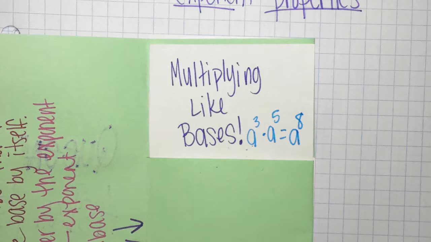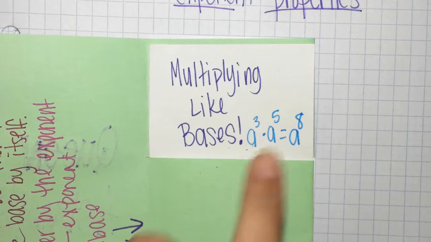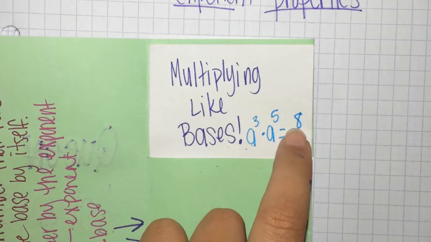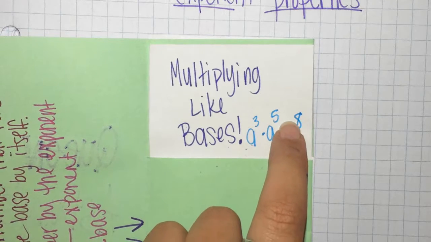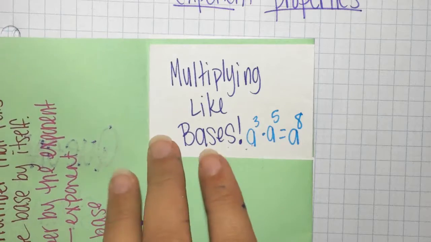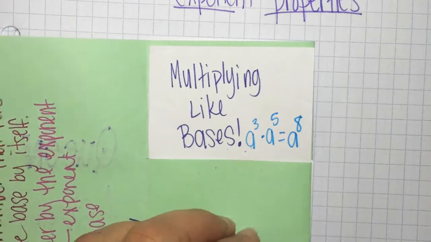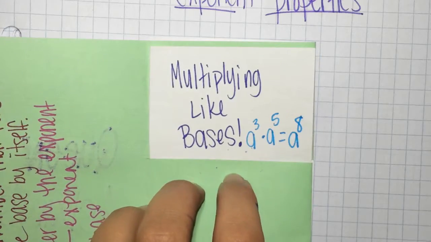So when you multiply like bases, add the exponents. Is that what you thought? Yeah, I really thought it. Oh, you did. So you're going to add. Yes. So you would say a to the 8th power. It's not a8. Does everybody understand? It's a to the 8th power.